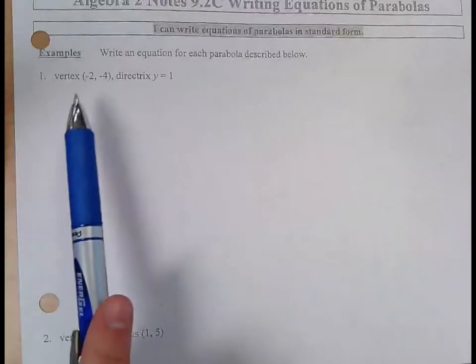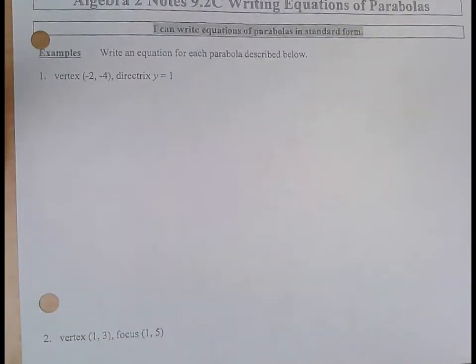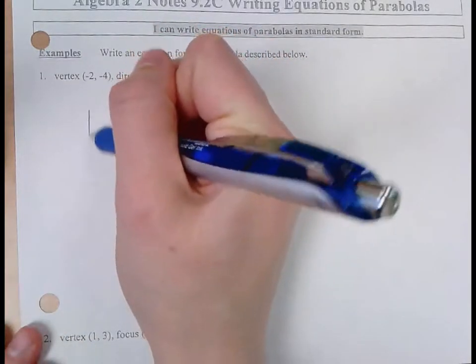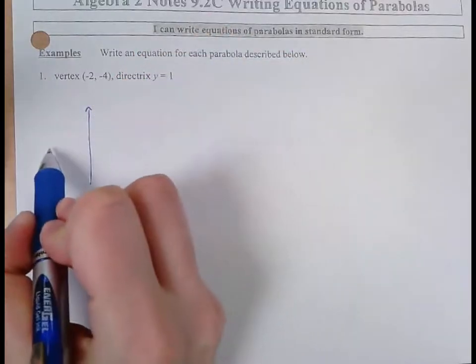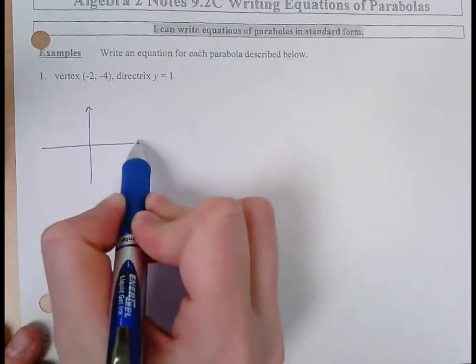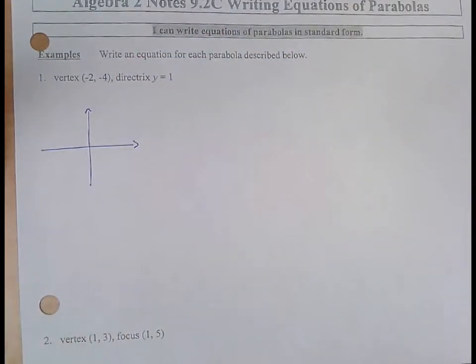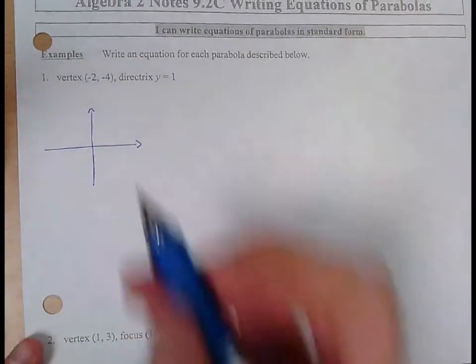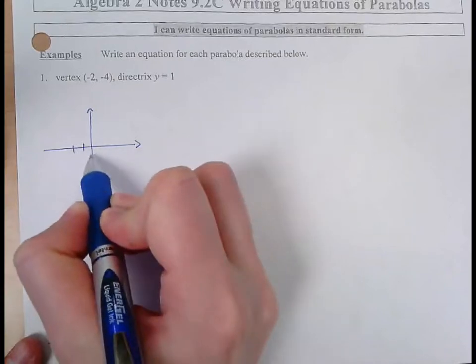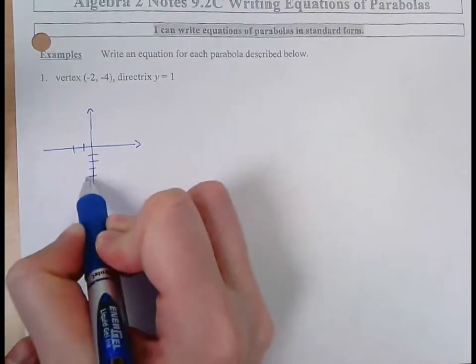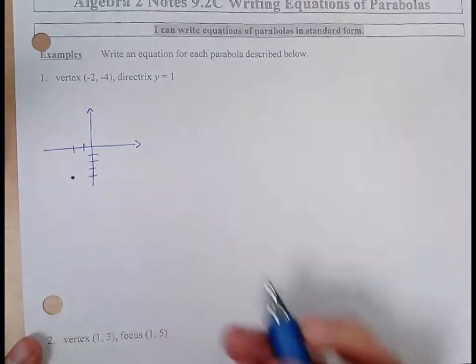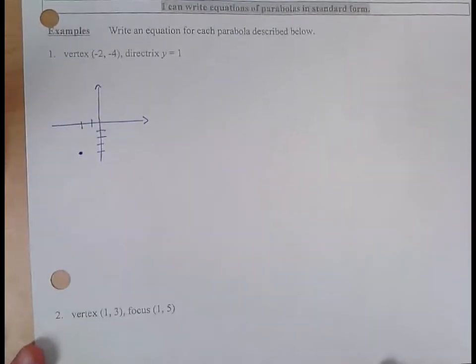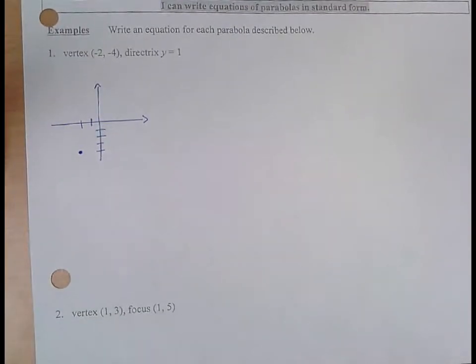So I usually make a sketch of the information that I have. I'm going to sketch a coordinate plane and plot the vertex and draw in the directrix so I can figure out which way this parabola is opening. I know the vertex is (-2, -4), so I'm just plotting where that vertex would be approximately.